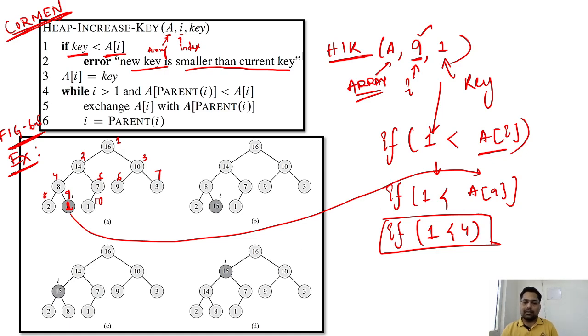Though 1 is there, so no need to update it. You can simply place it here. Once you are placing the key there, no need to change anything, because the property is being followed. Why? Because 8 is greater than the key which is inserted. Both sides it is following, so no need to worry about anything, because the rest of the things are as they are. I think this is understood by you.